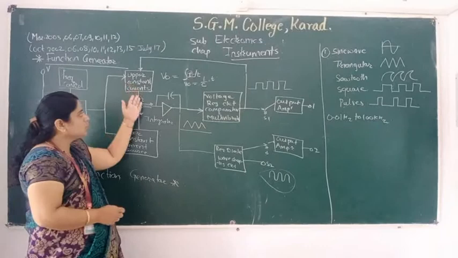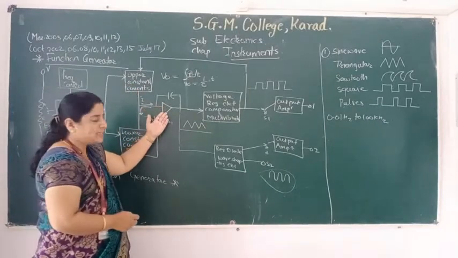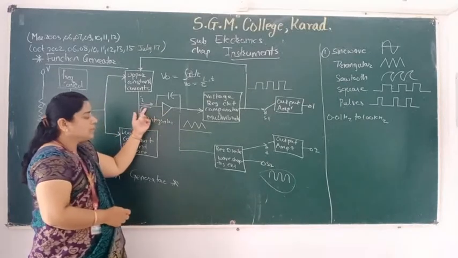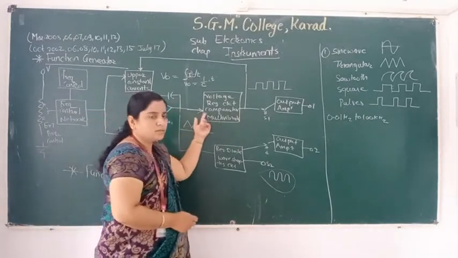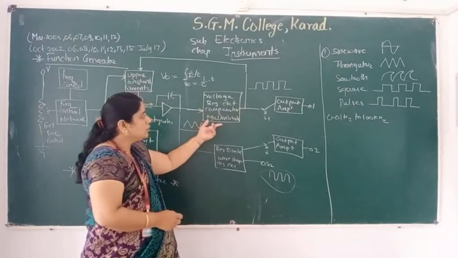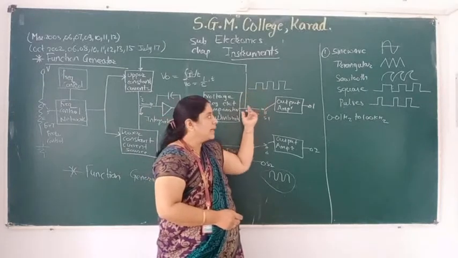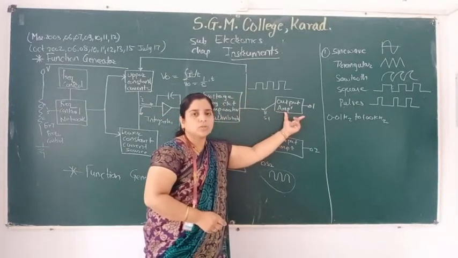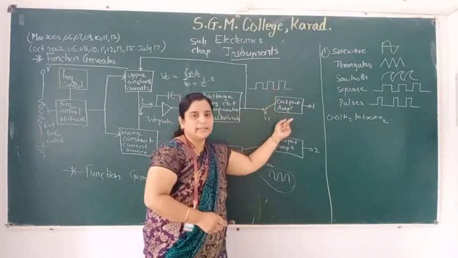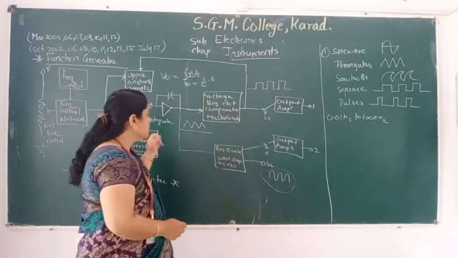In the upper current source, it gives the current to the integrator. In this integrator, the voltage increases with respect to time, and that voltage is given to the comparator circuit. It is a multivibrator, therefore it gives the square wave at the output, and that square wave is amplified at the output of this stage. So one output we are getting in the function generator is the square wave.